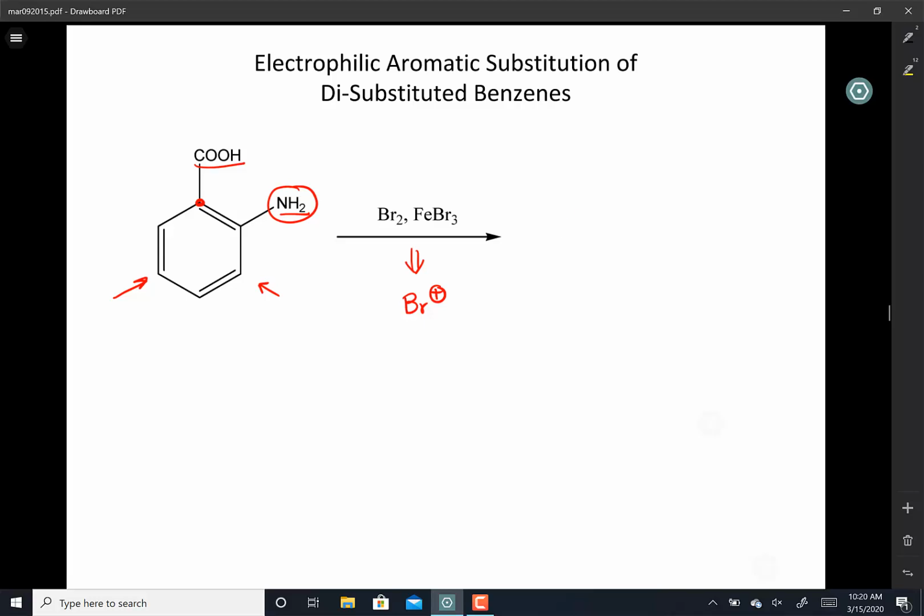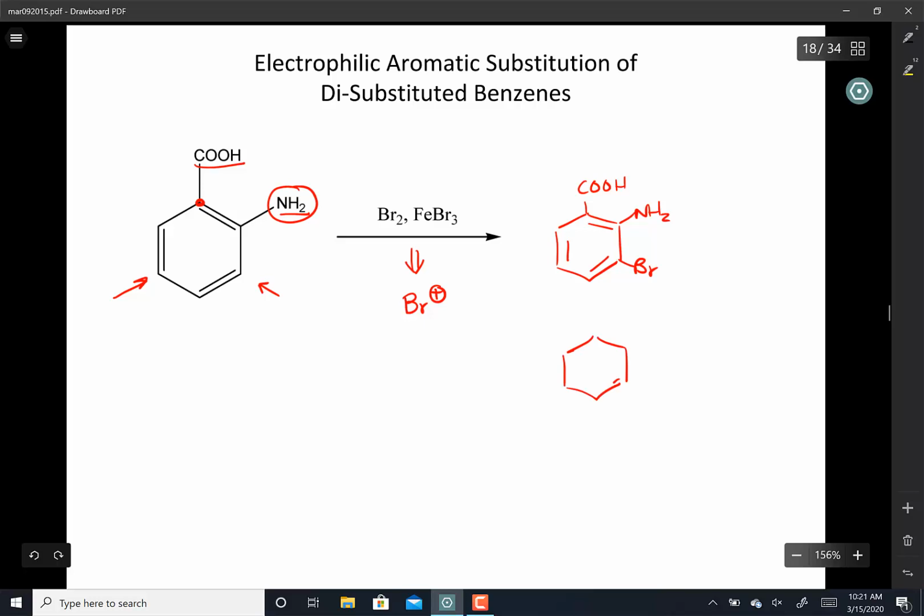So now I'm just going to write my two products. My two products are going to be adding the Br to the ortho position and adding the Br to the para position. And at this point, we're going to treat these as being equal. We'll modify that a little bit.